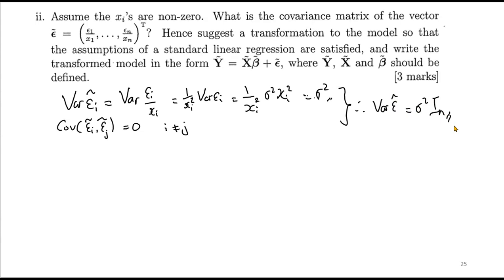So what does that suggest? Hence suggest a transformation. Well, the suggestion is basically looking at what he's done. So it's multiplying your regression model by 1 over xi.